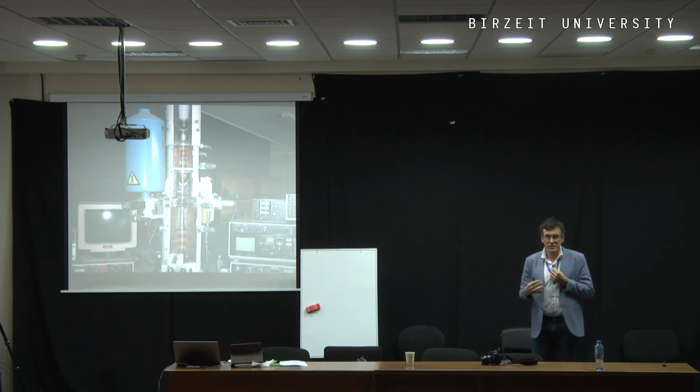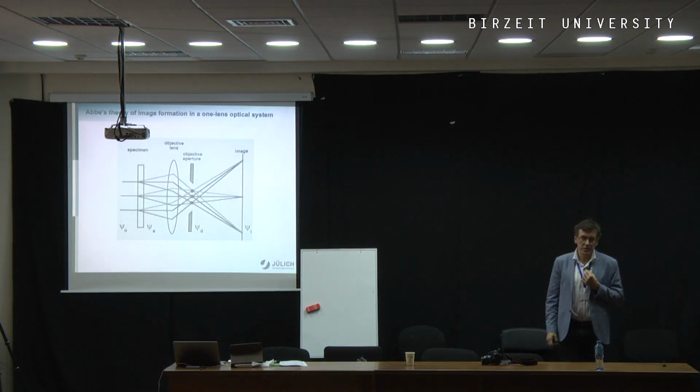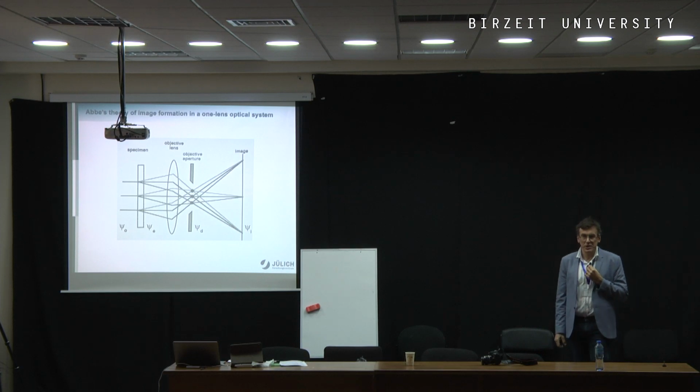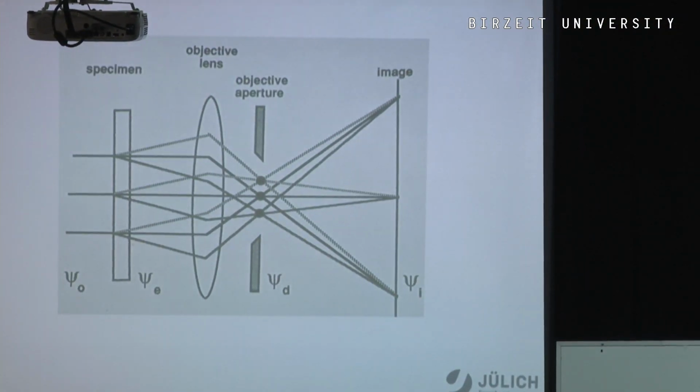Now, in the electron microscope, typically we describe image formation in terms of Abbe's theory of image formation. It's an approximation which happens to be valid for high-energy electrons in the transmission electron microscope.